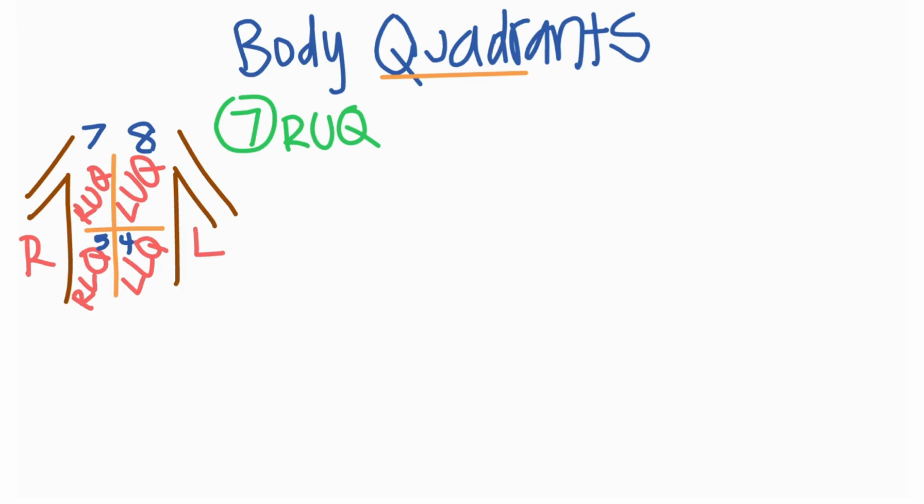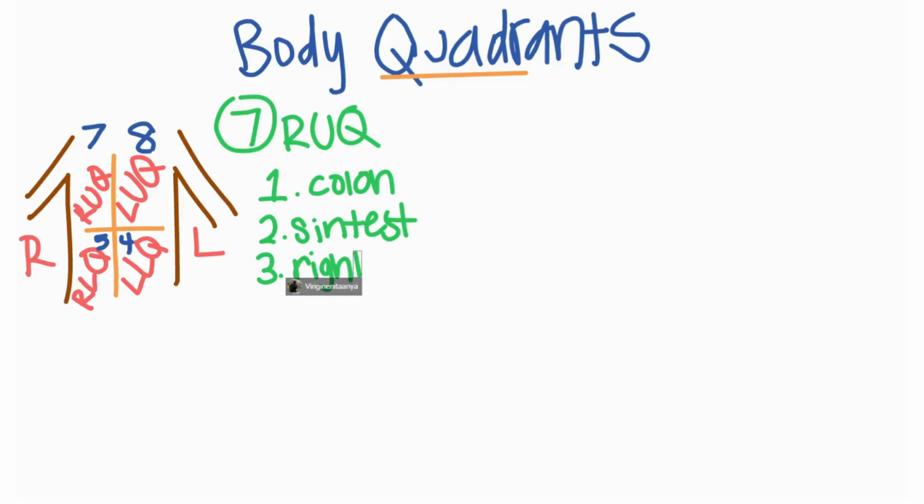The first organ that you're going to find in all of these different quadrants is the colon, or the large intestine. Then you're also going to find the small intestine. And then in the upper quadrants, you're going to have the kidneys. So the right kidney is going to be here.